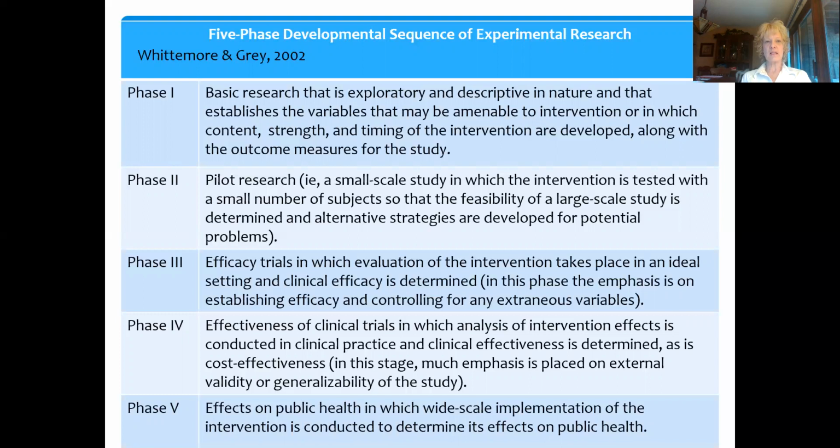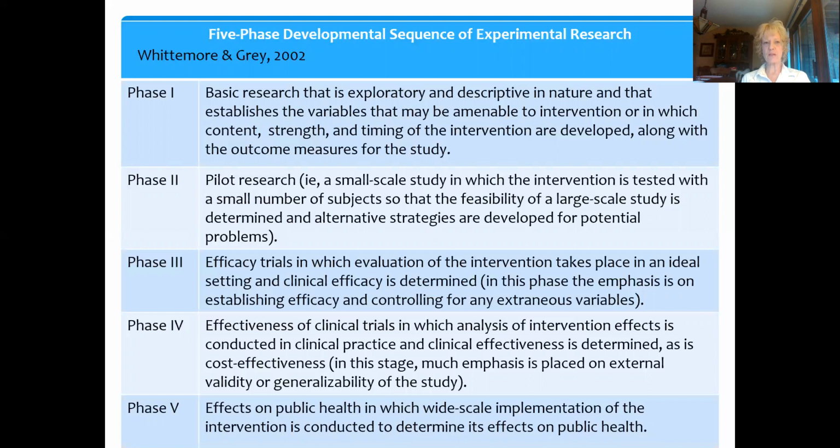So this is taken from an article that was done by Robin Whitmore and Margaret Gray, who were from Yale. I believe Margaret's retired now, but they described this process of developing science in an area.